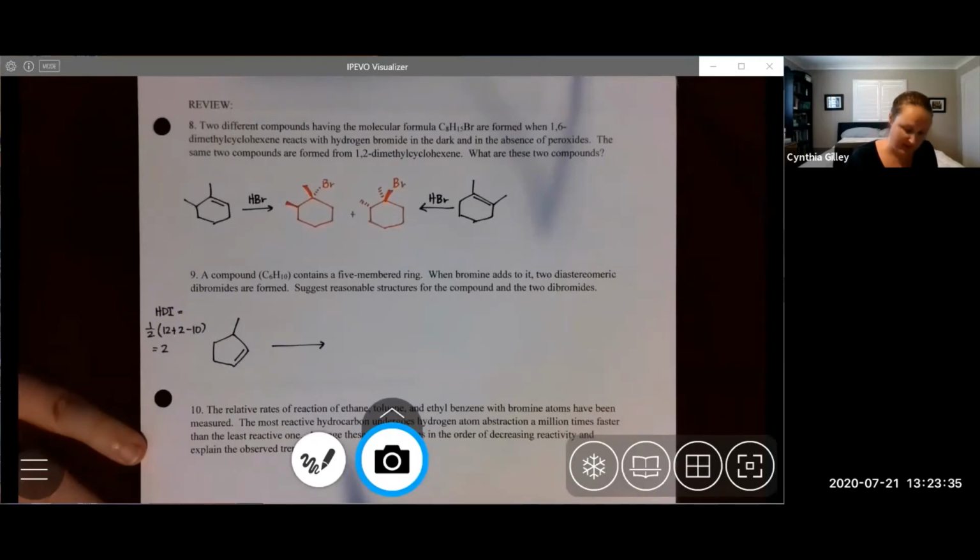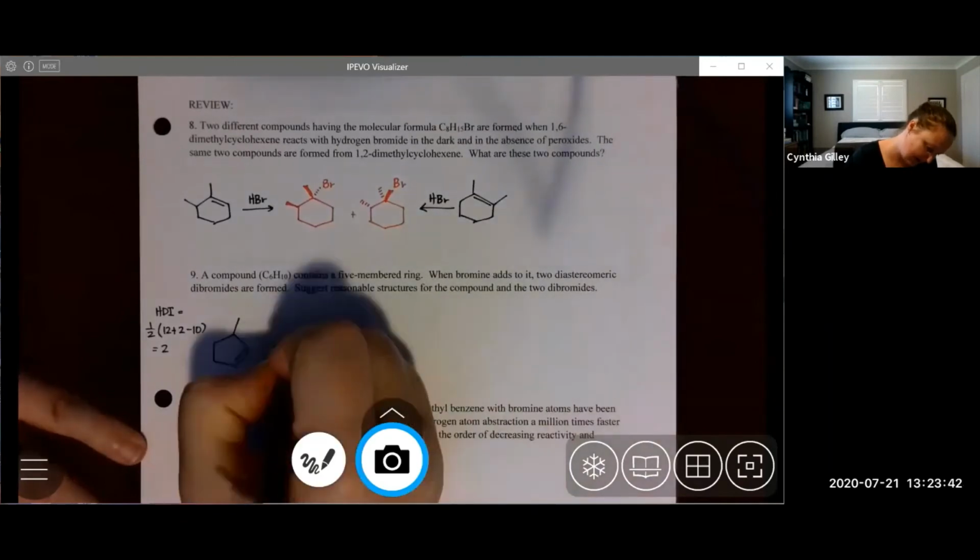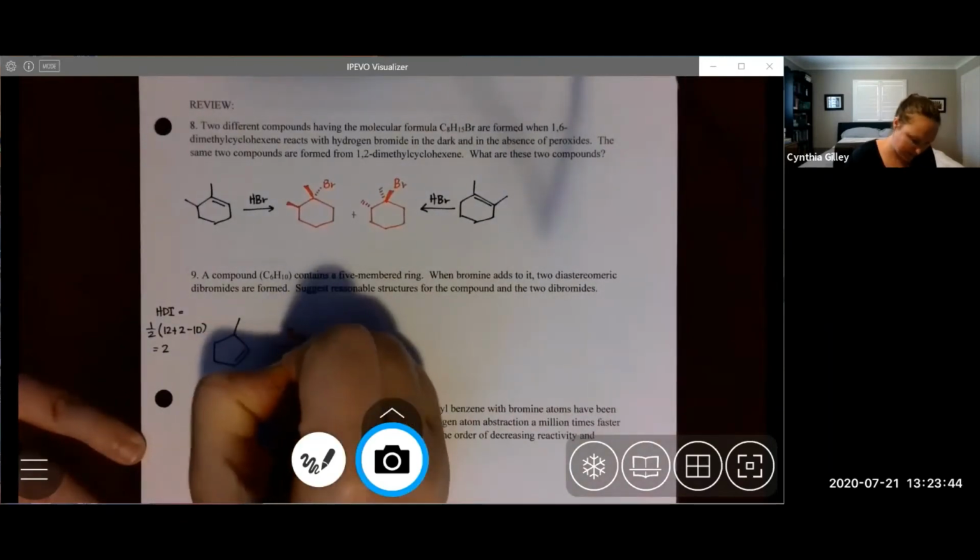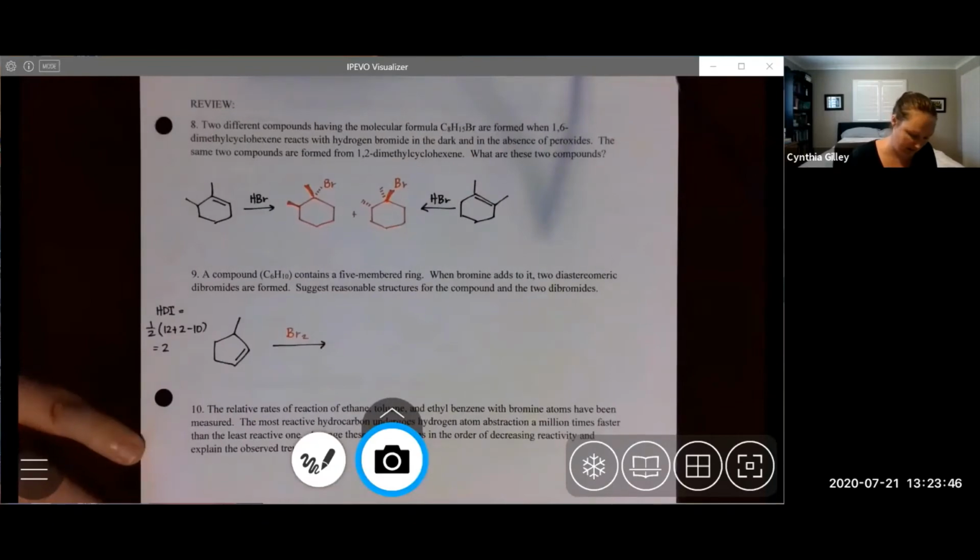Must be losing my mind here. Okay. Anyway, so it contains a 5-membered ring, and when bromine adds, right? So I just randomly put the alkene there and we'll try it out.